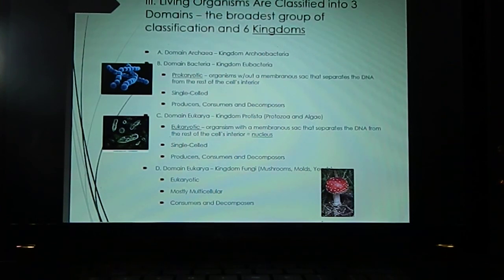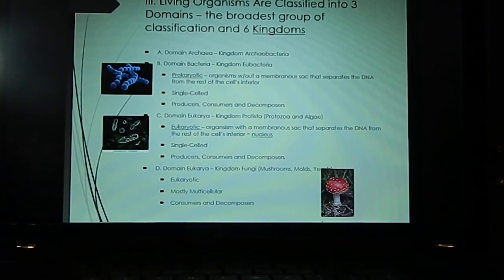They can be consumers; they have to have other organisms for food. And they can be decomposers, and that means they can take dead organic or living material from organisms, take the nutrients out of it, and then recycle what's left back into the environment. So they can be all three of those.